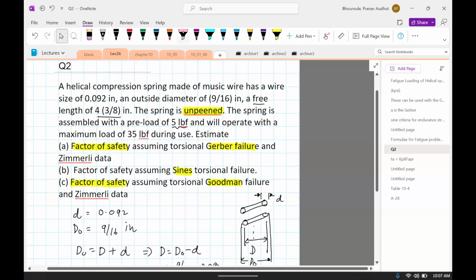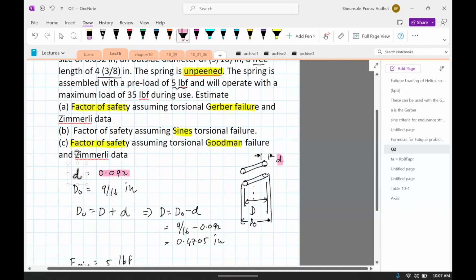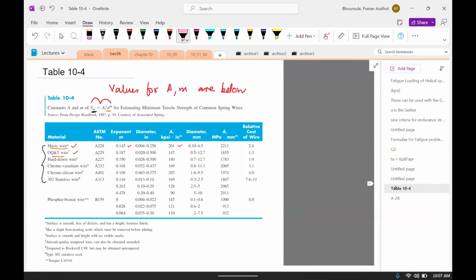Okay, it says music wire. And then we also need to know the wire diameter. We need to know d, right? d is 0.092. So we go to table 10.4. We look at music wire. The exponent m is 0.145 and A is 201. And then it also needs d. d is 0.092, right?